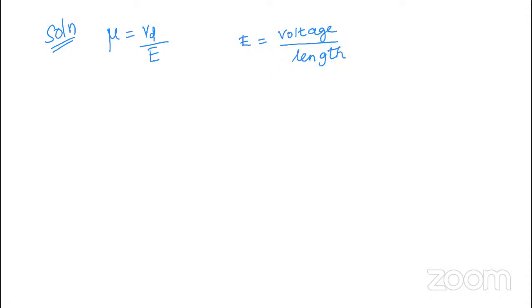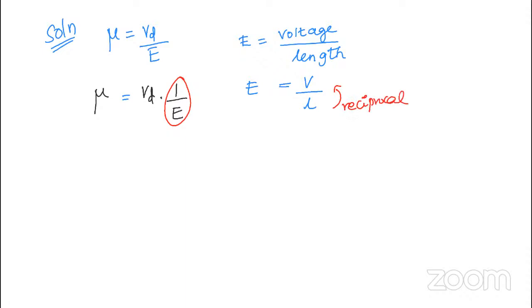The voltage we represent by the letter V, and length by L. So in the formula we need Vd into 1 by E, so we need the value of 1 by E. So we write this expression in reciprocal. Then 1 by E becomes L by V.